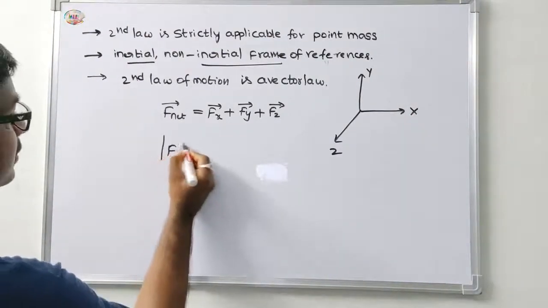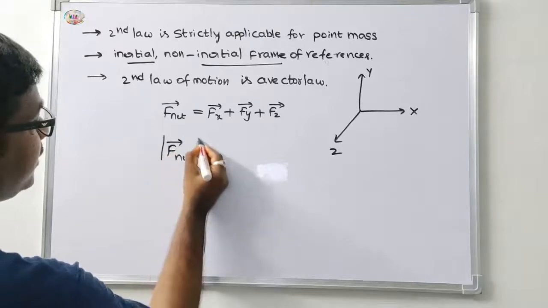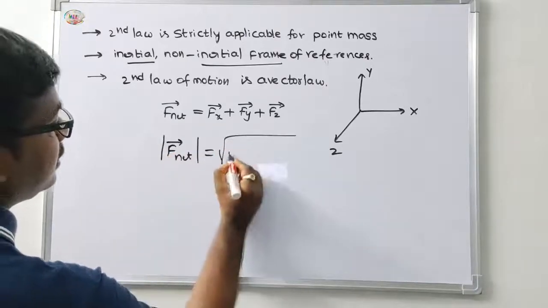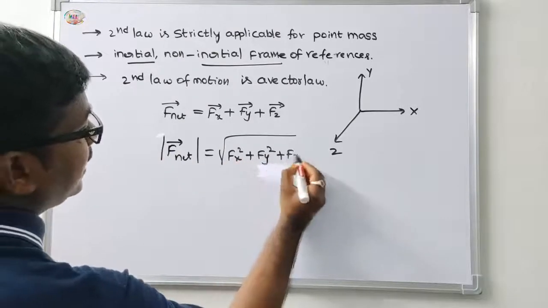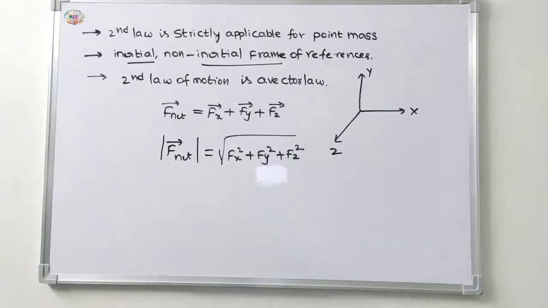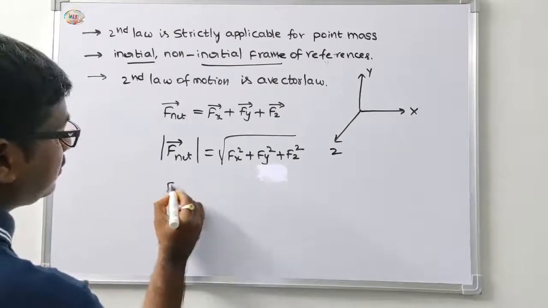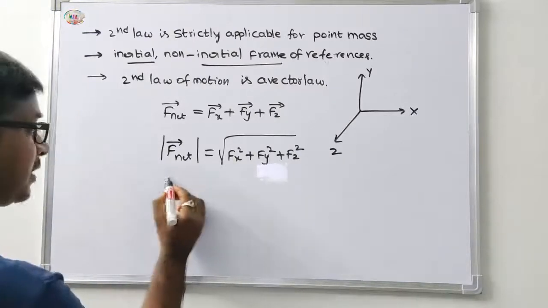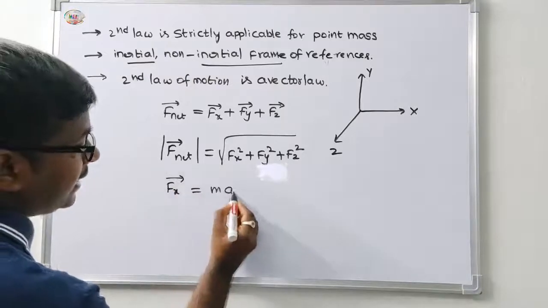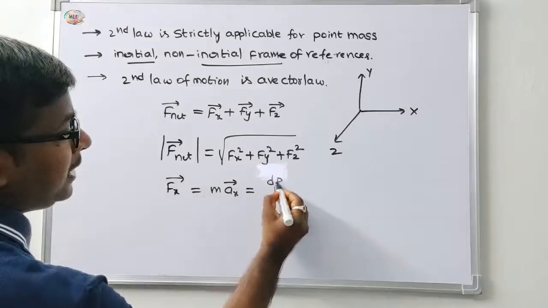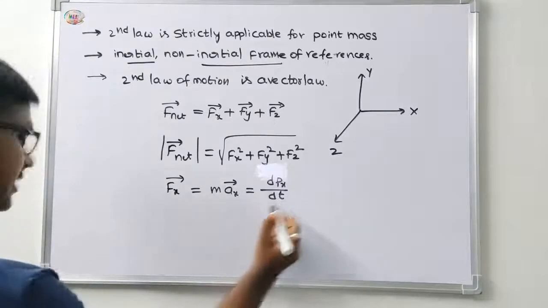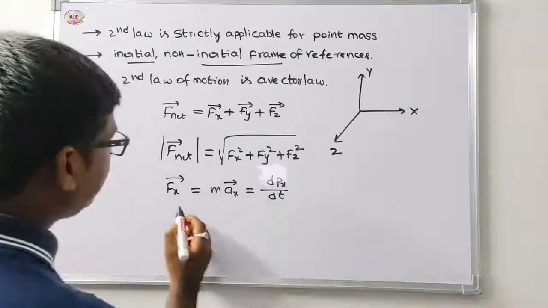So the modulus of the net force is equal to the square root of Fx square plus Fy square plus Fz square. Here Fx is equal to max, which is equal to dpx by dt.